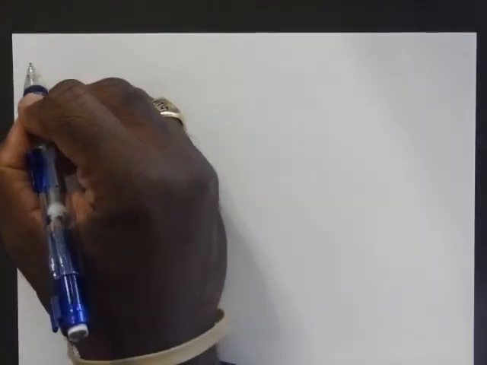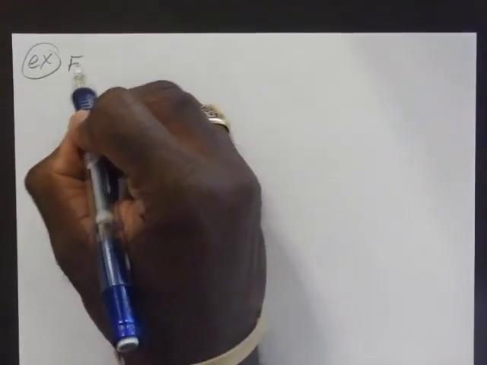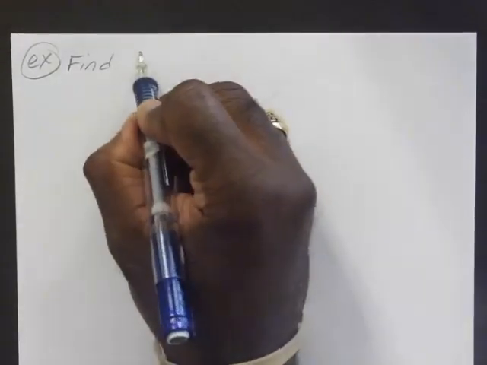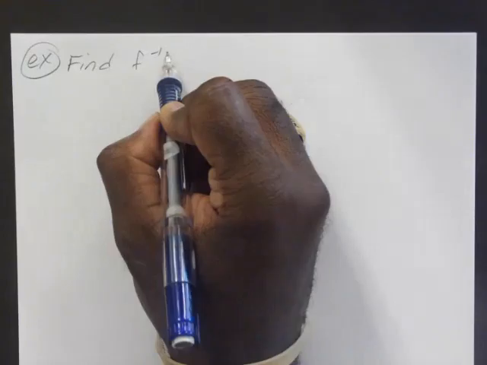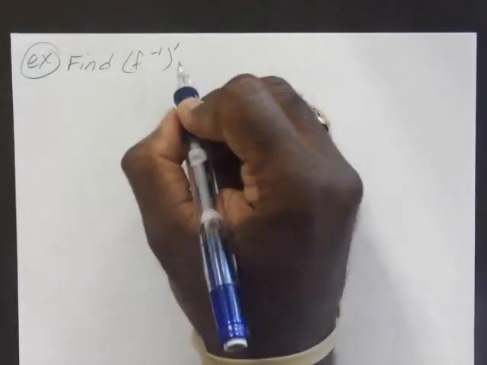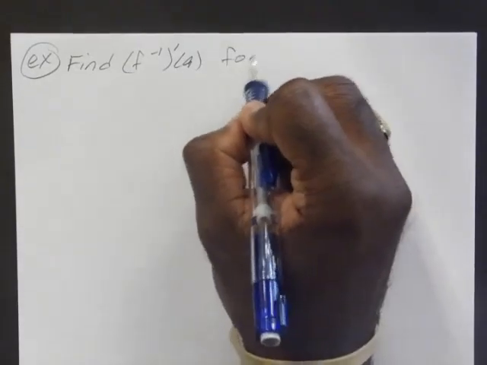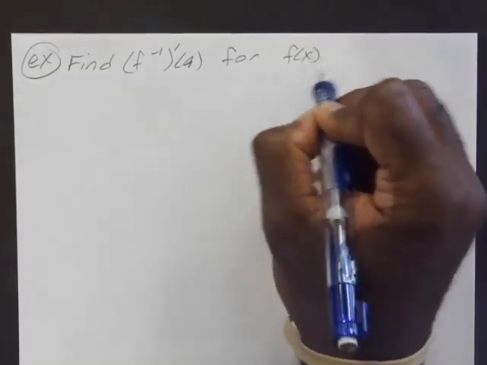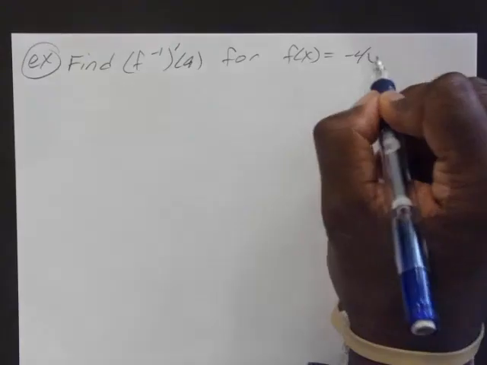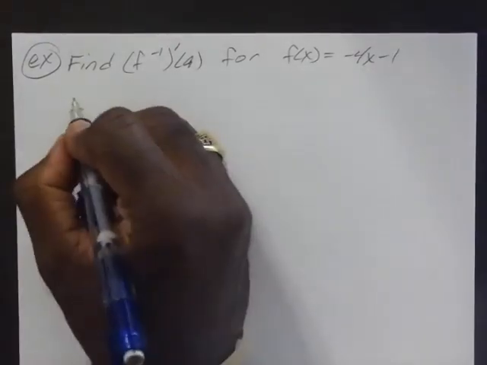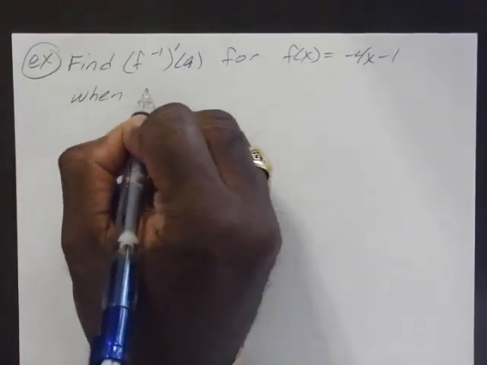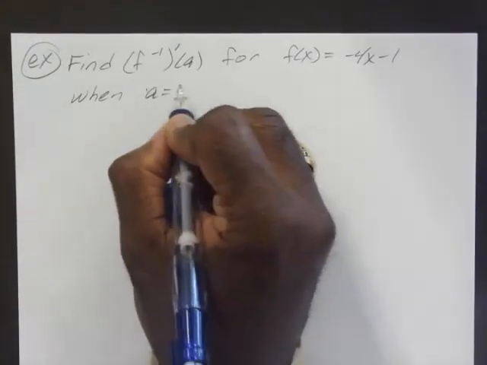All right, so let's say, for example, if we wanted to find f inverse prime of a for f of x is equal to negative 4x minus 1, when a is equal to 7.